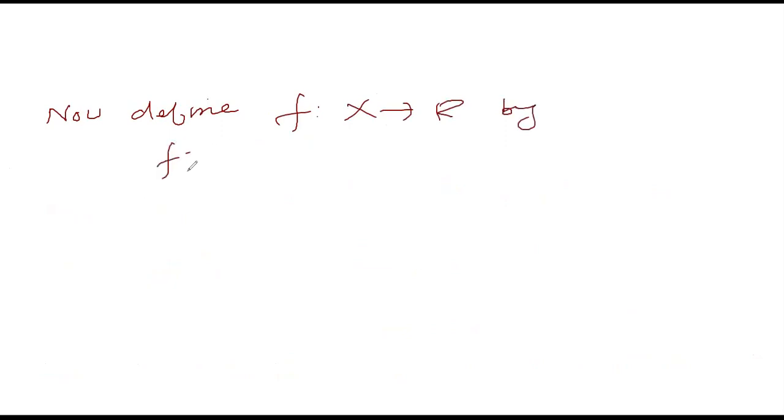Now we define f from X to R by f of x equal to g of x if x is not in E, that means some finite number. Whenever g is finite, we take f of x equal to g of x.